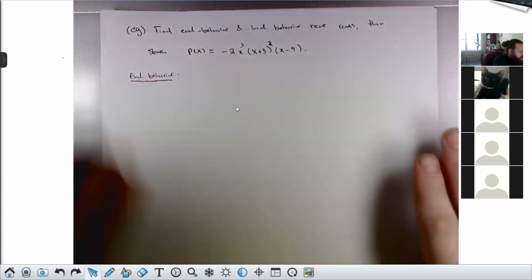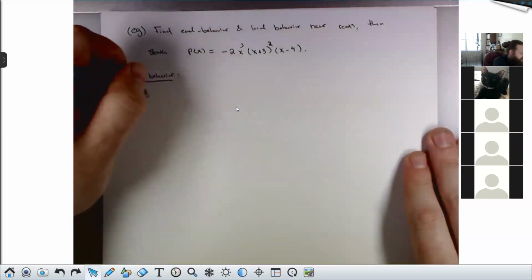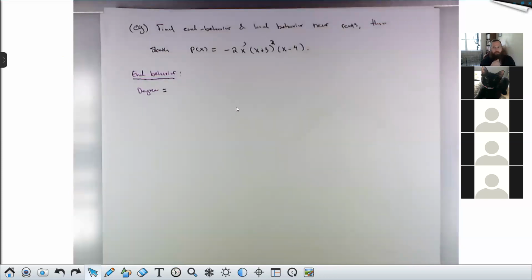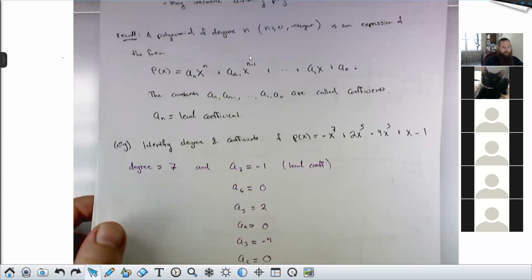Can anybody help me with the degree? Three. 3 is a reasonable thought, right? Because the largest power of x I see anywhere here right away is this x cubed. But remember that the degree comes from that form, right?